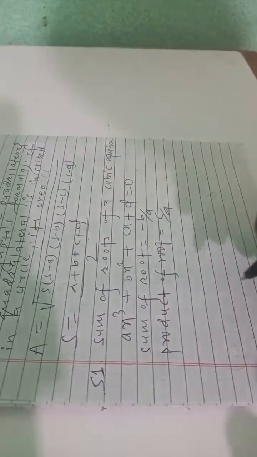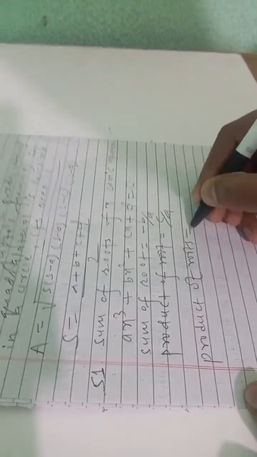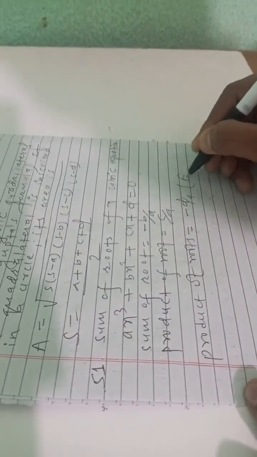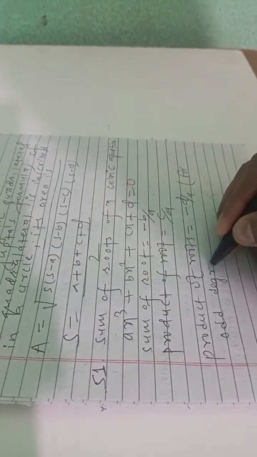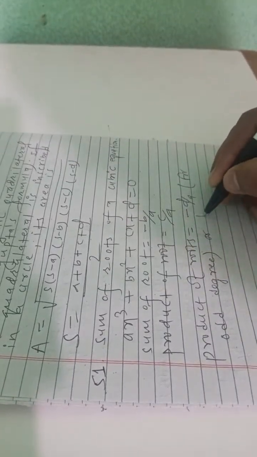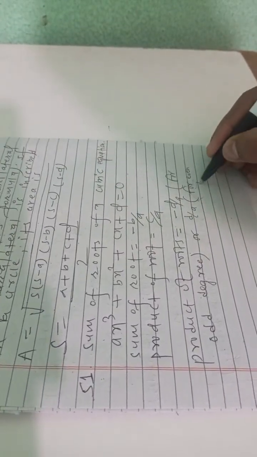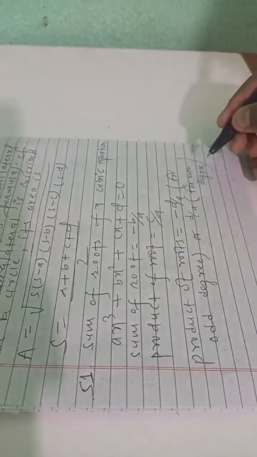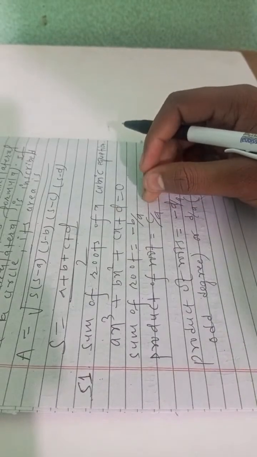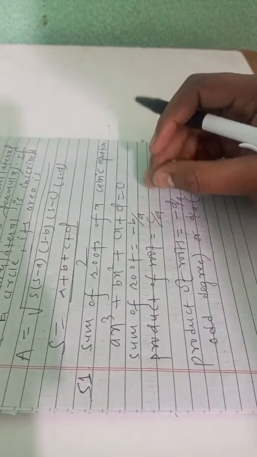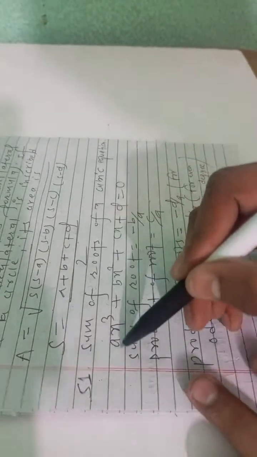And the product of roots is minus d by a for odd degree, or d by a for even degree, from this equation.